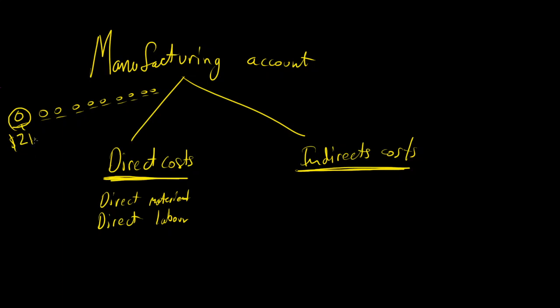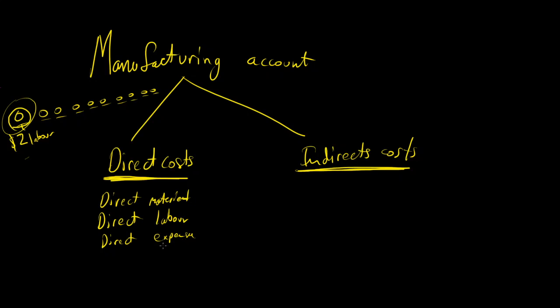So $2 of labor per unit. Very easy to link with each unit I produced, right? So my labor is directly linked with the production. And then we have direct expenses. Direct material, direct labor, direct expenses.